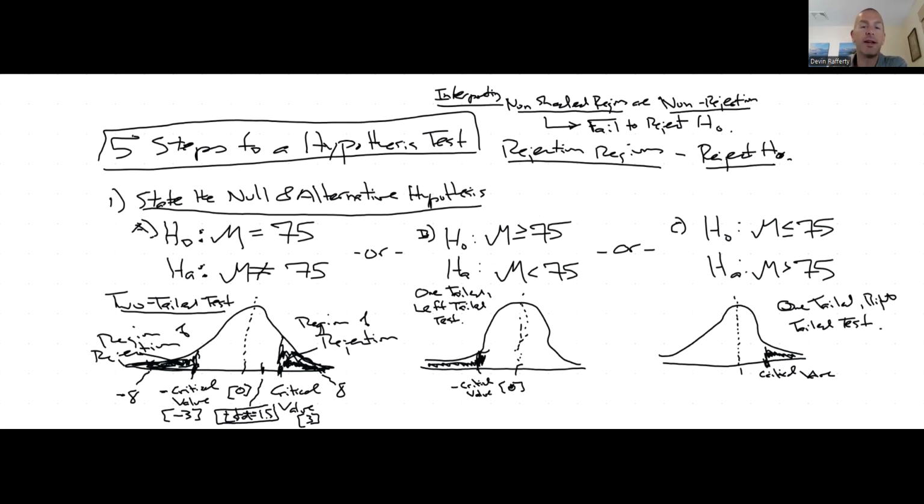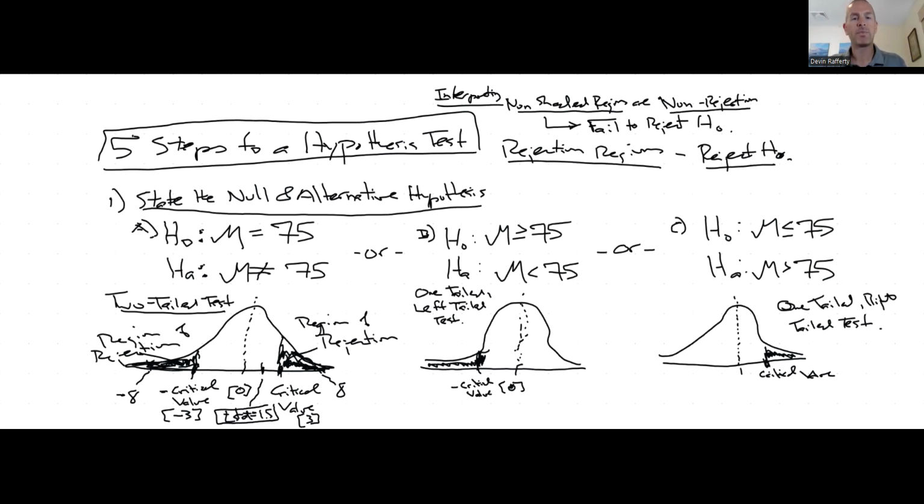With those one-tailed tests, what you're trying to figure out is, is the stock price $75 or more, against the alternative, is the stock price less than $75? Or you could be trying to find out if the stock is $75 or less against the alternative greater than 75.